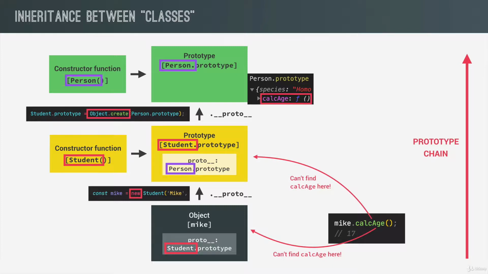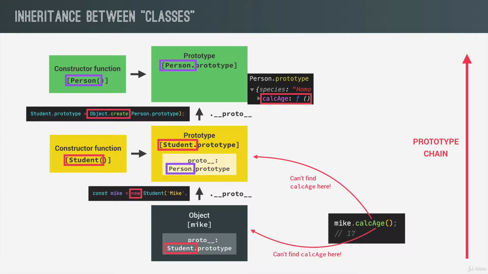That's where we defined the introduce method, but not calcAge, right? So just like before, whenever we try to access a method that's not on the object's prototype, then JavaScript will look up even further in the prototype chain and see if it can find the method, so in the parent prototype. And that's exactly what happens here.